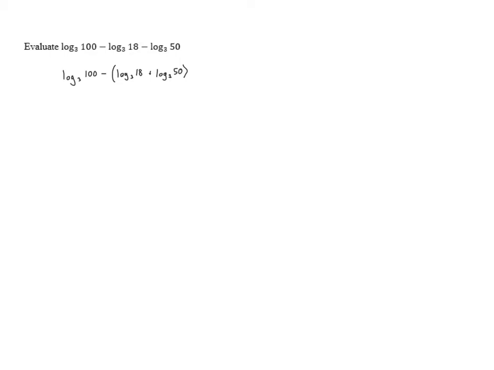The reason I'm doing this is because once we write this as a sum, which we can do by factoring the negative out of both of them, we know that we can combine them into a product of logarithms. We can rewrite this as log base 3 of 18 times 50.